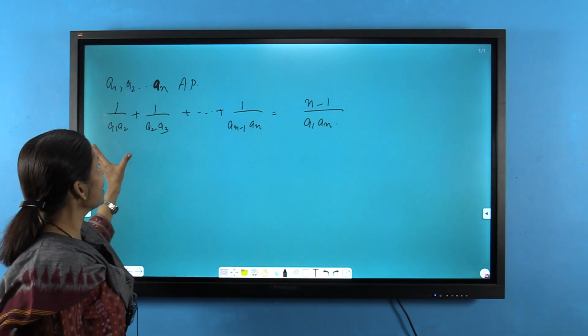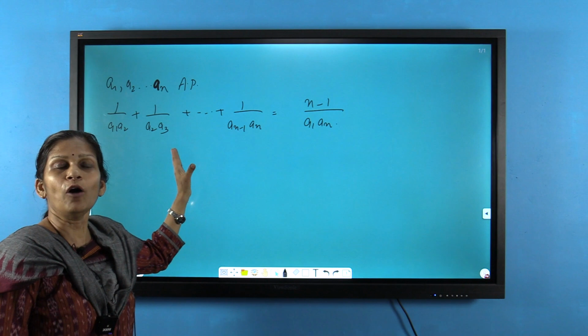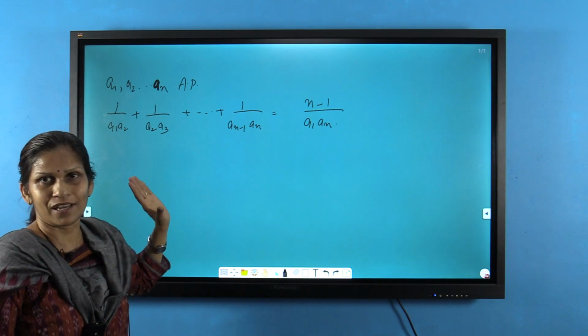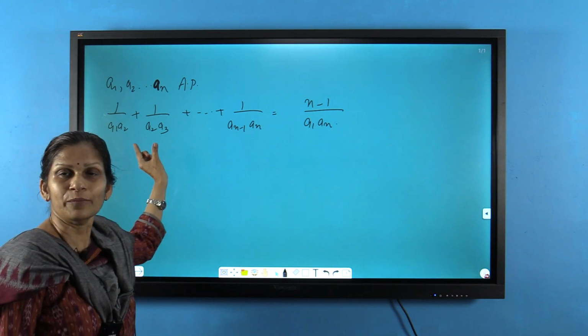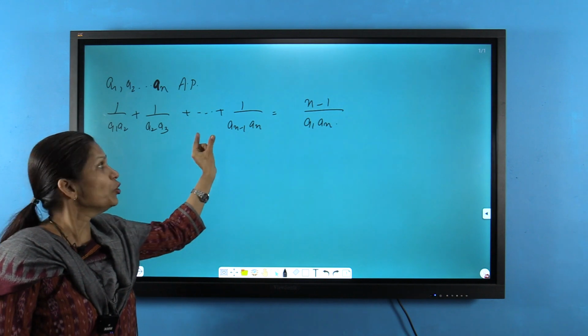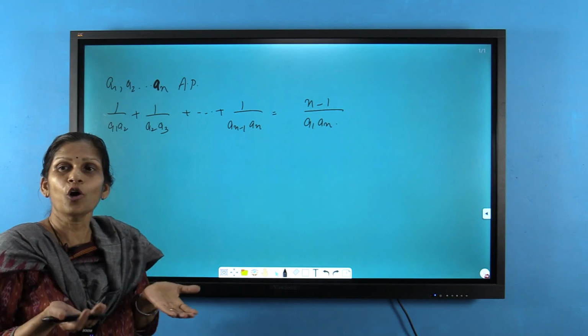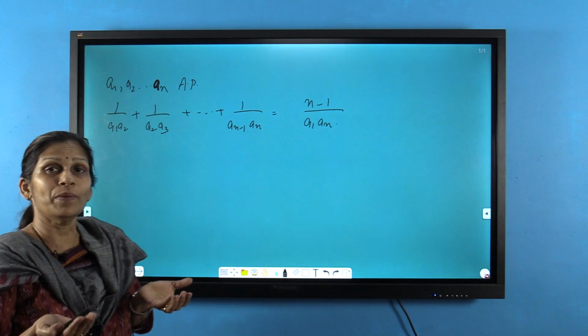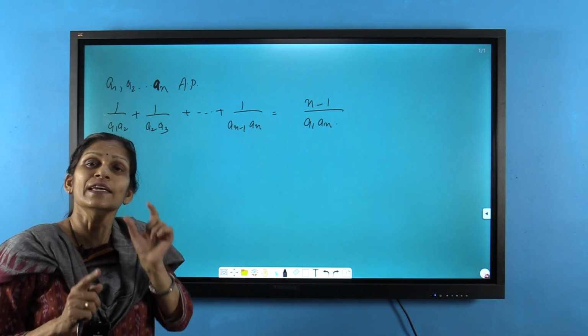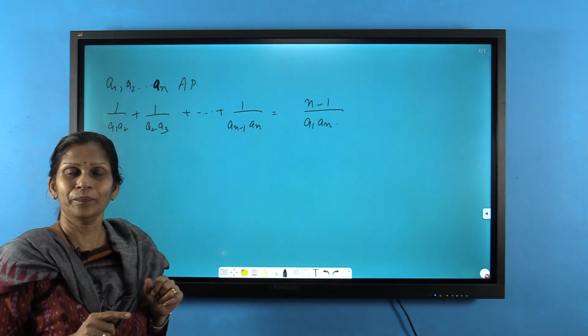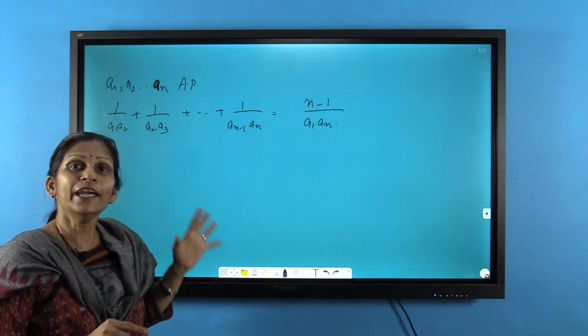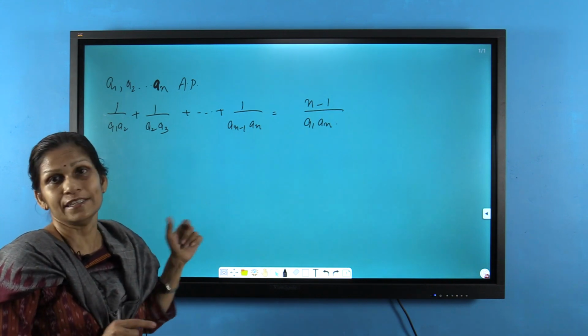Now, what is it that you observe about all the terms on the left hand side? A1A2, first term, A2A3. Don't you realize that they are all the product of 2 numbers whose difference is the common difference of that AP? So, what I do is, I introduce that common difference d.